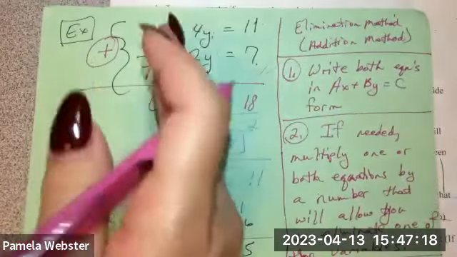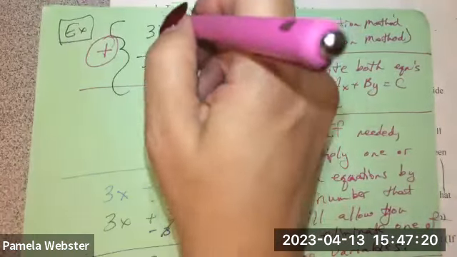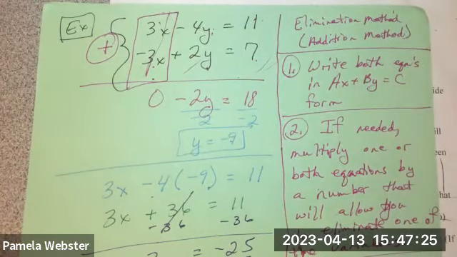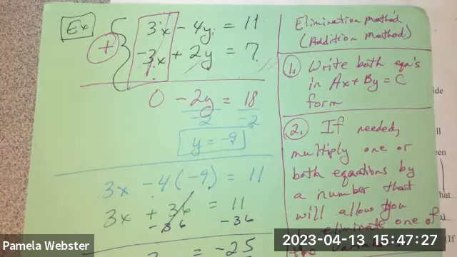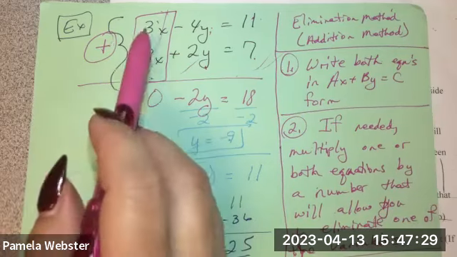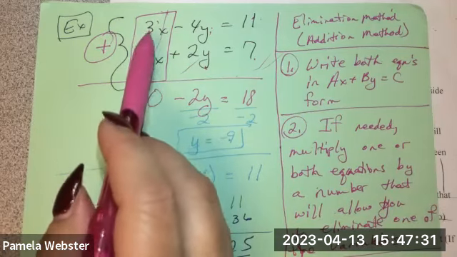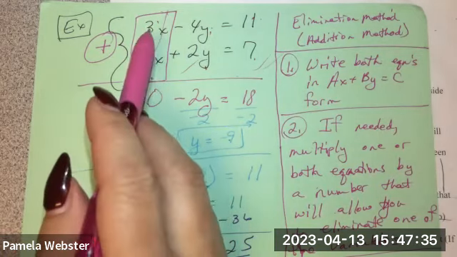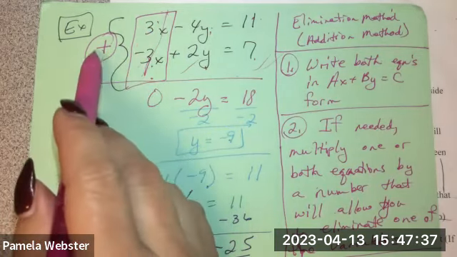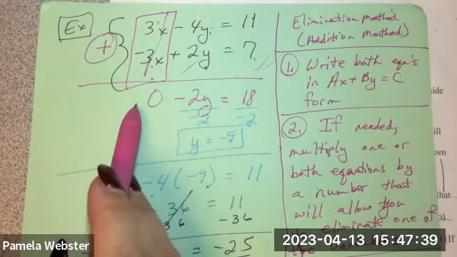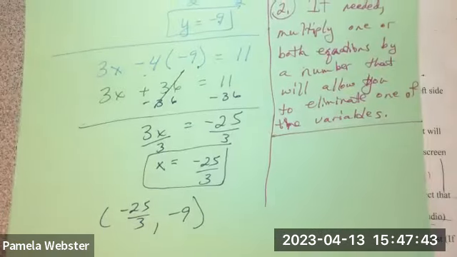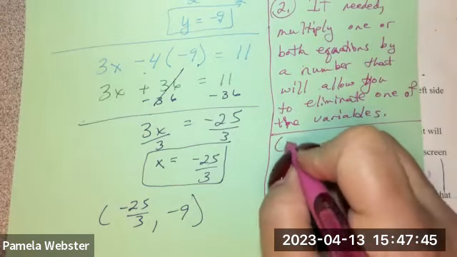It didn't take any thought here because they had it set up for me, right? They had the 3x and the negative 3x. But if you'll notice, there's two things that I needed to have happen there. They needed to be the same coefficient, and one needs to be a positive and one needs to be a negative. If that's the case, then when I add them, this will automatically go away, right? So same coefficient. Let me add that in there.